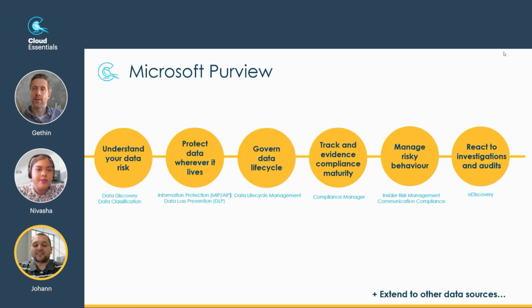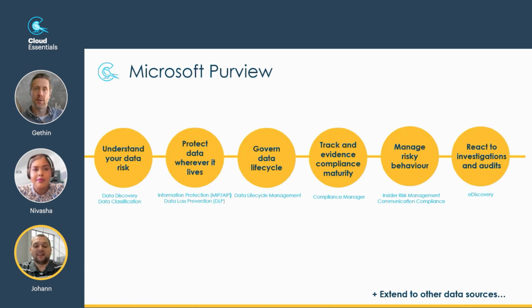Purview Insider Risk Management and Communication Compliance is what we call advanced solutions within Purview, and it's one of a few of the newer solutions launched by Microsoft within Purview. They are designed to help organizations detect, investigate, and mitigate internal security and compliance risks.